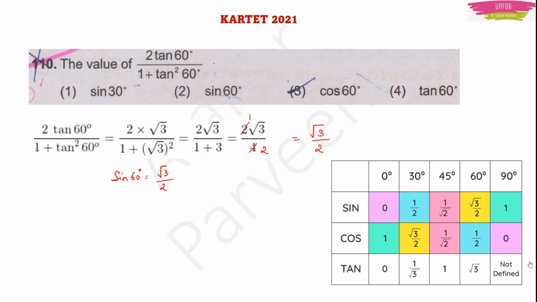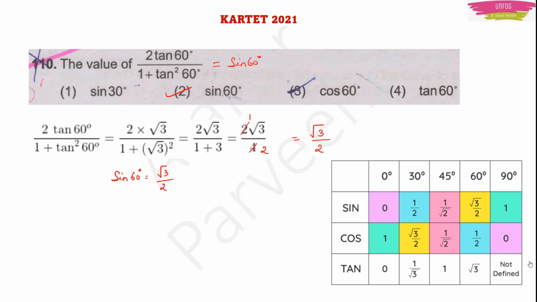But again you see in the table, where is root 3 by 2 coming? Root 3 by 2 is coming in two places. One is sin 60, the other one is cos 30. Cos 30 is not there in the options. Only sin 60 is there. So sin 60 will be the right answer. Okay, this is the trick.